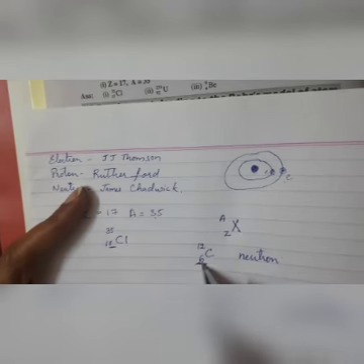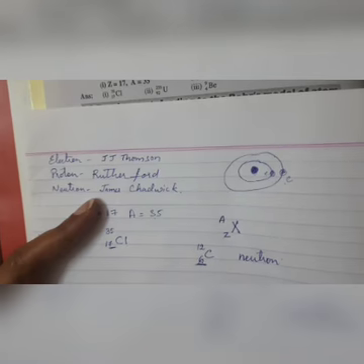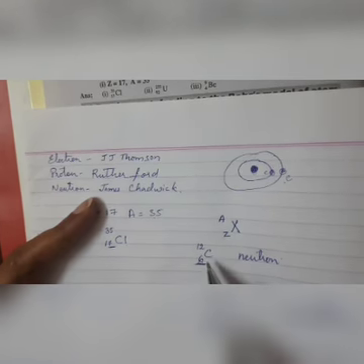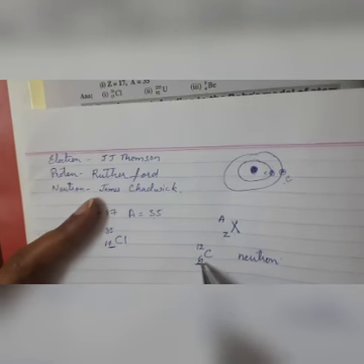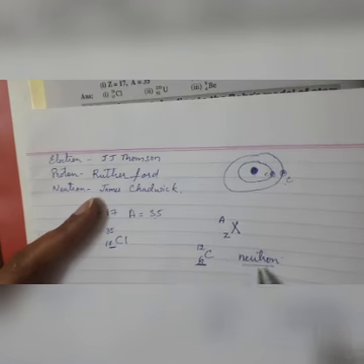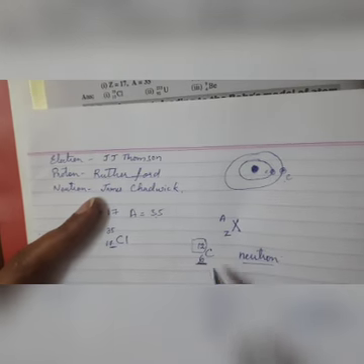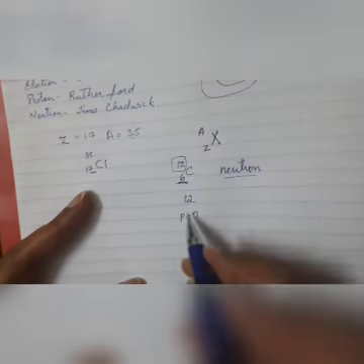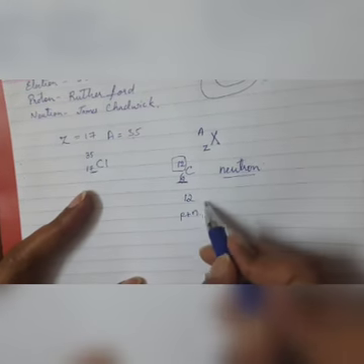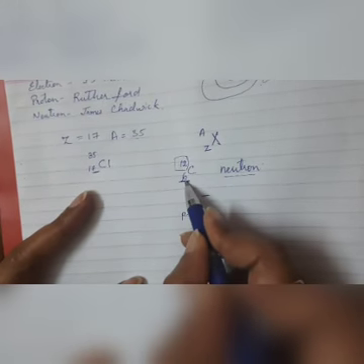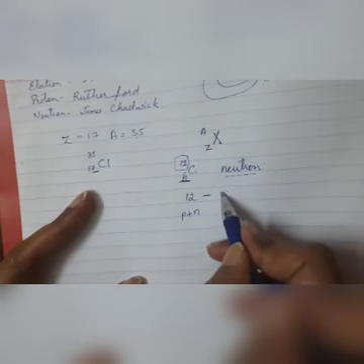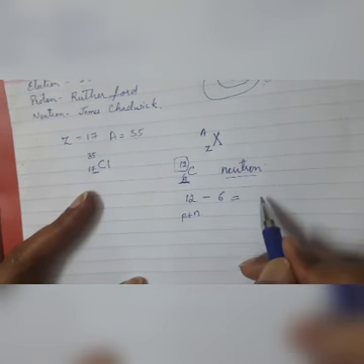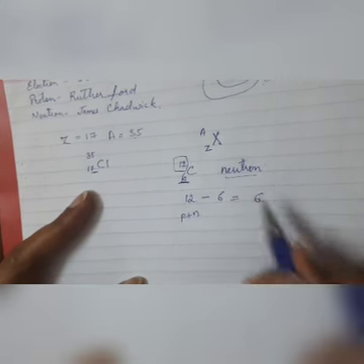So atomic number 6, the number of protons, is equal to the number of electrons. Now for the neutrons, I have the mass number 12, which is the sum of proton plus neutron. So 12 minus the number of protons, 6, what is left is 6. So the number of neutrons here is 6.